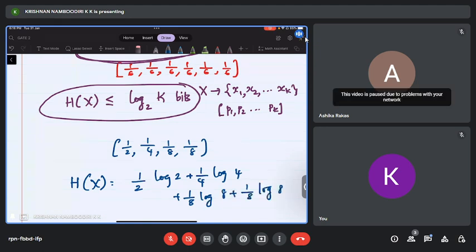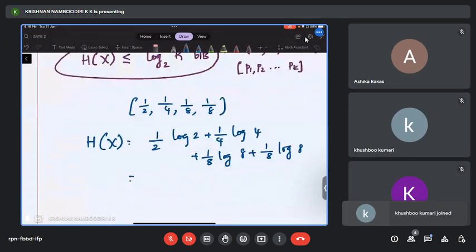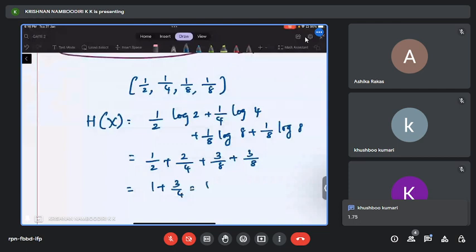So all the logarithms are of base 2. So now you will get log 1, 1 by 2, log 4 is 2, so 2 by 4. But 1 plus 3 by 4, which is equal to 1.75 bits. So the answer to the question is 1.75 bits.